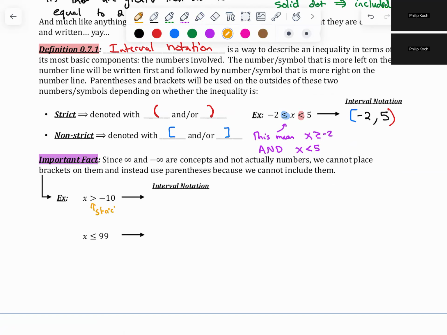So the number that is more left on the number line would be -10. Infinity is not a number, but it is farther right on the number line. So it should go parenthesis -10, comma, infinity. You can write a positive infinity if you'd like, but either way.